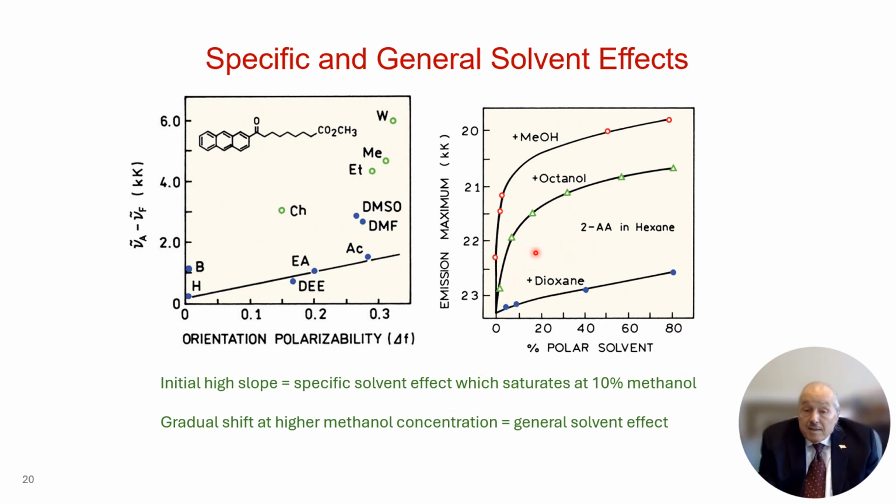Right at the beginning, where you're adding a small amount of polar solvent, there's a very large shift in emission wavelength because of the hydrogen bonding effect. Once you get to higher and higher percentages of the polar solvent, you're seeing the general solvent effects, which shift the wavelength more slowly to longer wavelengths.